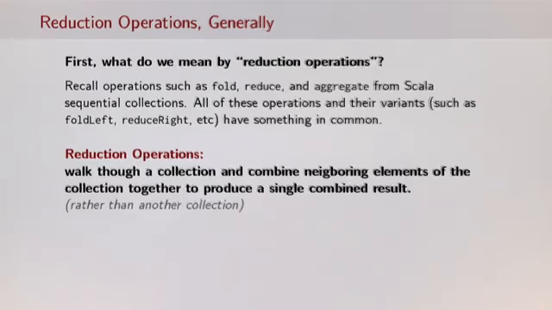Note that this is unlike map, because map returns a new collection, and a reduction operation essentially combines the elements of the collection into some kind of single value, like an integer or a double or a string. So many of Spark's actions can be considered reduction operations, but some actions are not reduction operations. For example, saving things to a file is not a reduction operation, yet it's still an action in Spark.